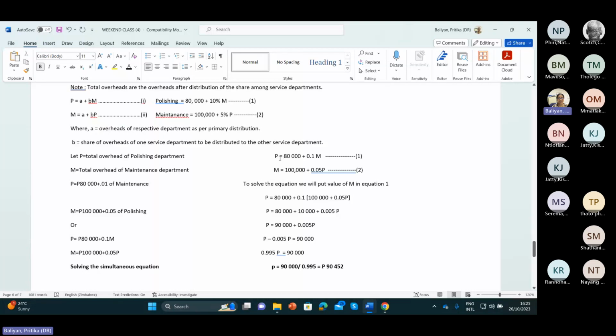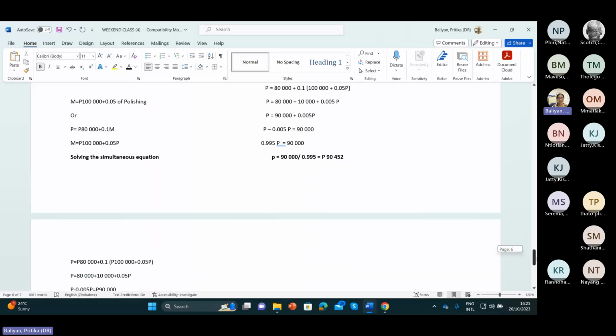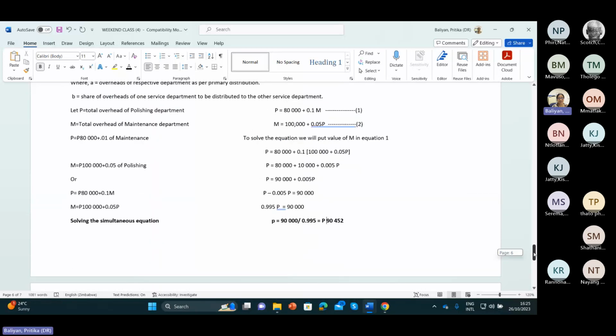Okay, because in the polishing department, the cost by primary allocation is 80,000 plus 10% of M. So after adding 10%, it will become 90,452.